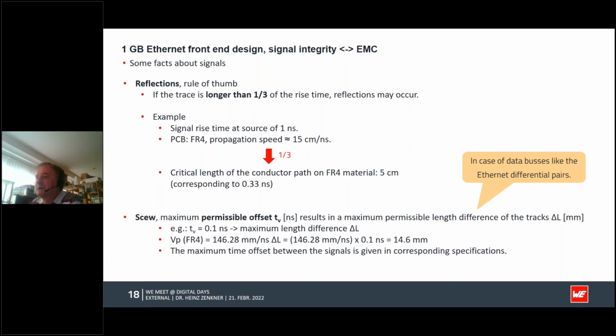And if we have a maximum deviation according to the standard of 0.1 nanosecond, this means if you have a skew, a length deviation between the channels, of more than 14 millimeters, which is quite a lot already, you may have impact on the whole functionality. But you see 14 millimeter, which is 1.5 centimeter, is a lot. So if the traces are not too long, it should work.